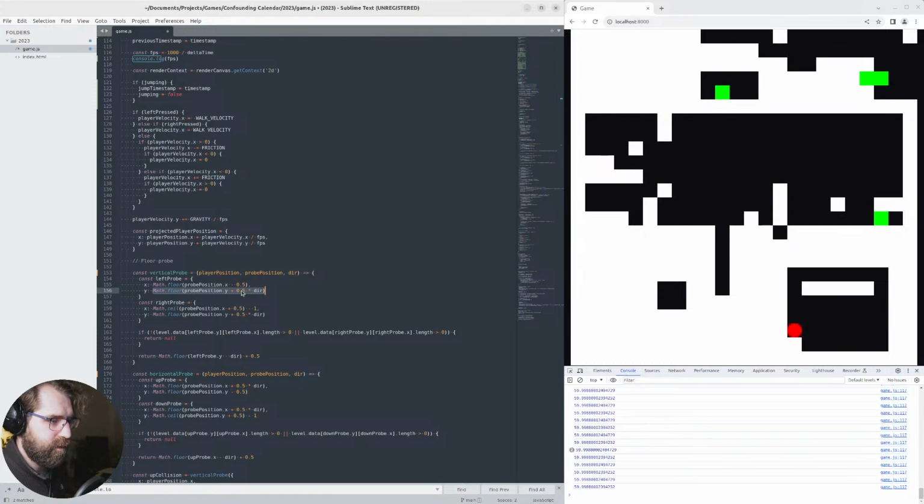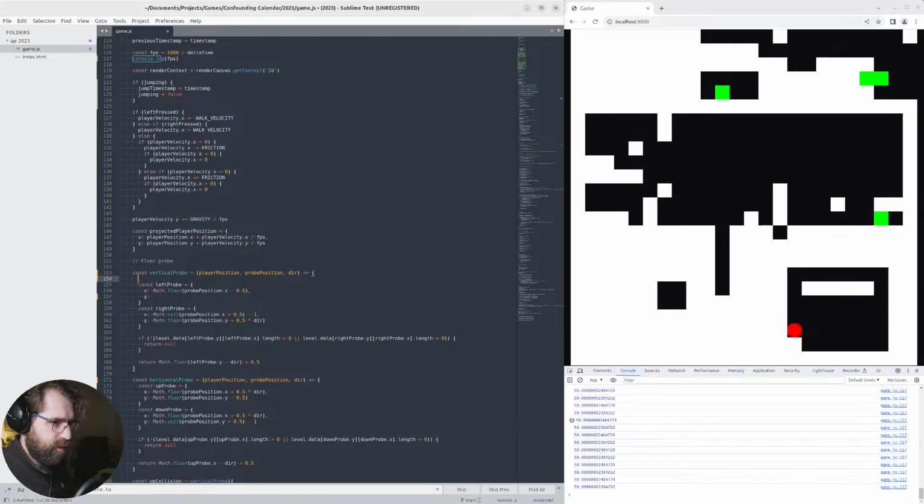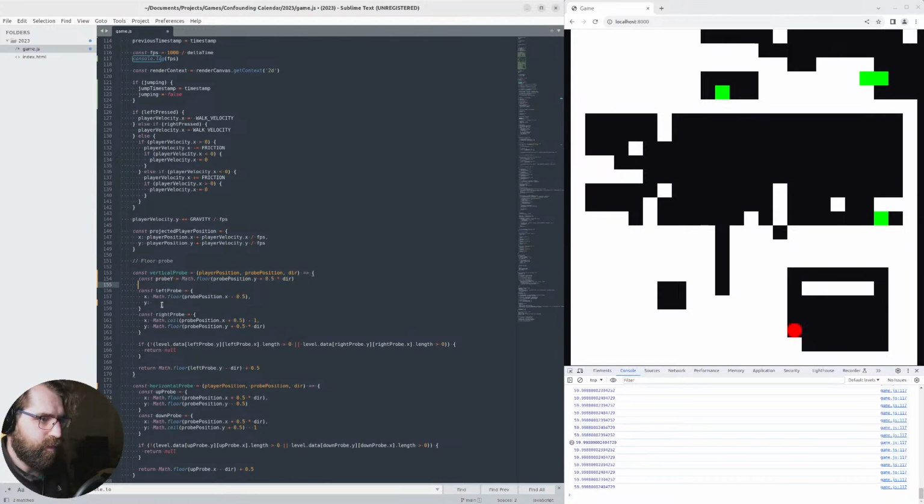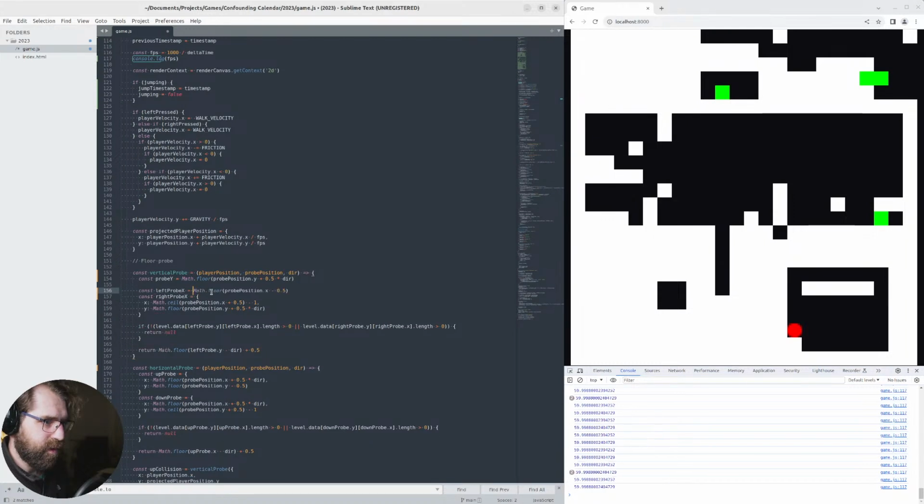Okay, let's say probe Y. Left probe X, right probe X. It's just that and that. Oh, I'm changing too much.